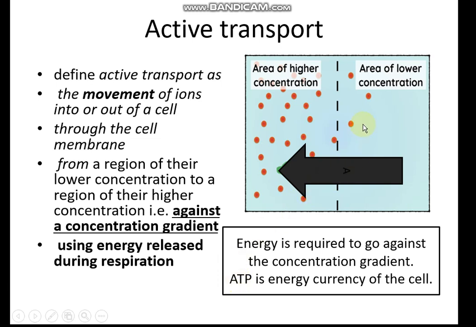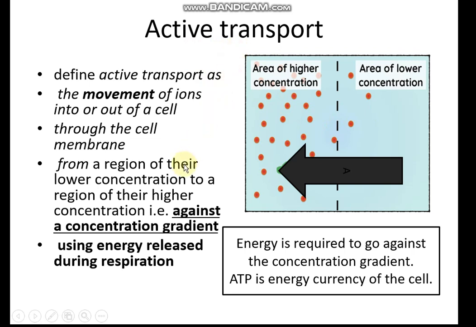Here you can see in this example that there is a lower concentration of ions over here, and a higher concentration of ions over there. If they had to move by diffusion, the movement should be in this direction, but as it is active transport, it is from the region of lower concentration to the region of higher concentration, and this is called active transport.